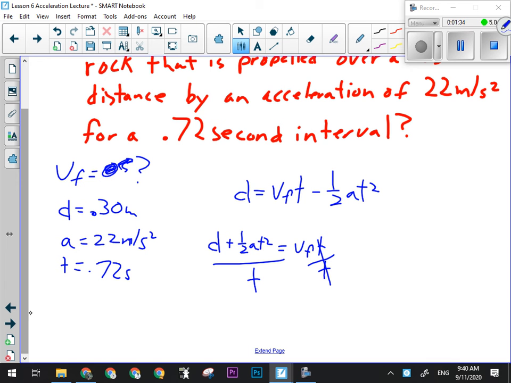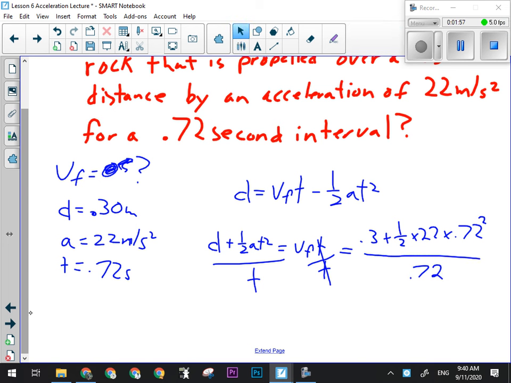If we plug in our numbers, we'll have 0.3 meters plus 1/2 times the acceleration, which was 22 meters per second squared, times 2.72 squared, all divided by 2.72.